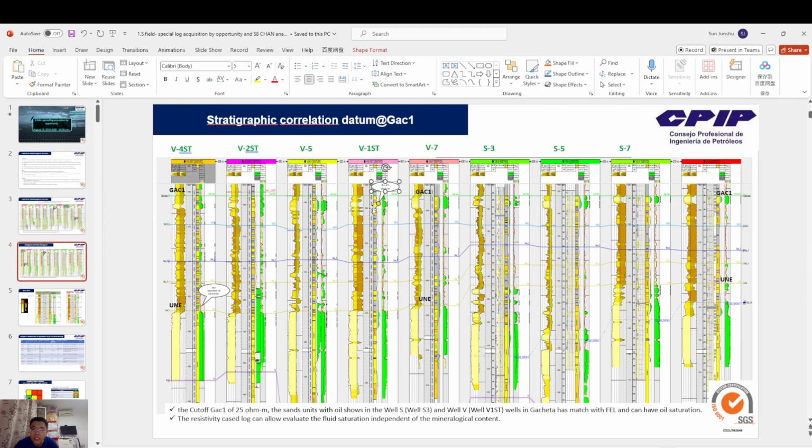The resistivity cased hole log can allow evaluating the fluid saturation independent of the mineralogical content.